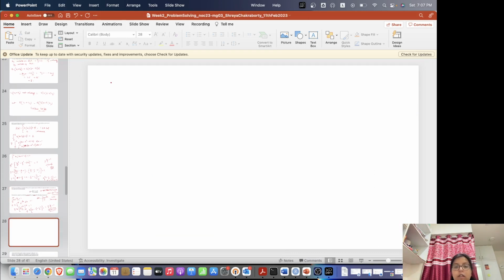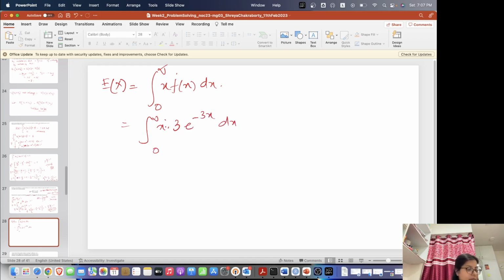So expectation of x is x into fx dx 0 to infinity. So then x 3 e to the power minus 3x dx 0 to infinity.